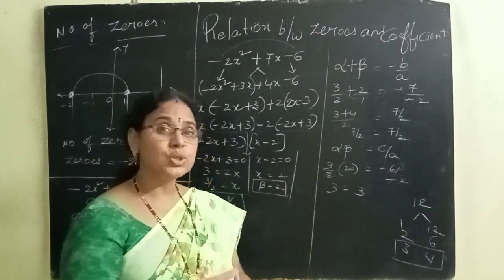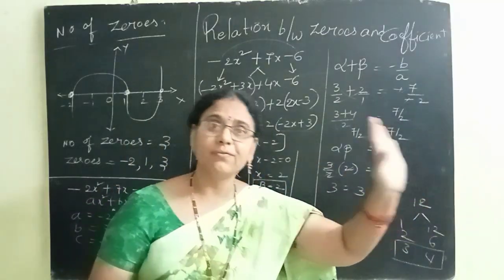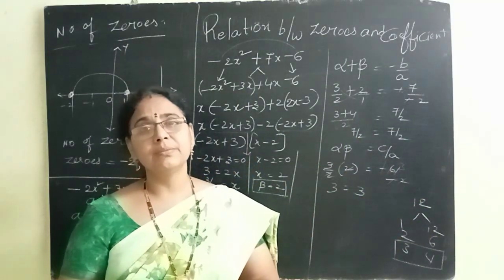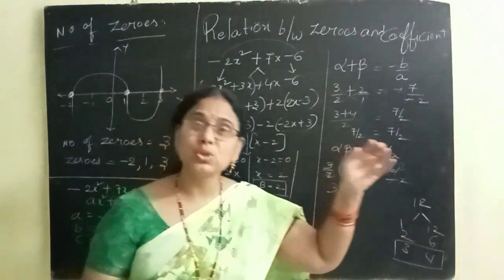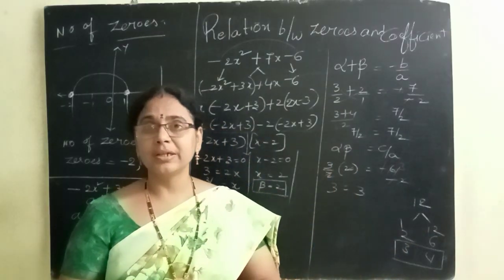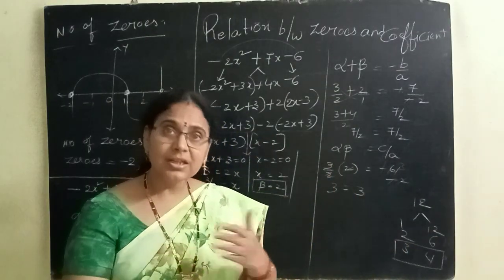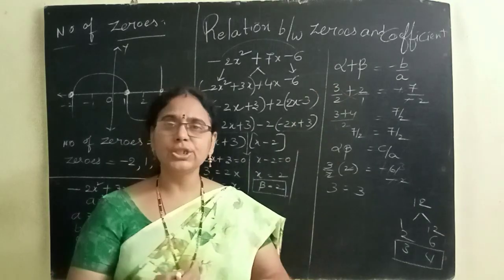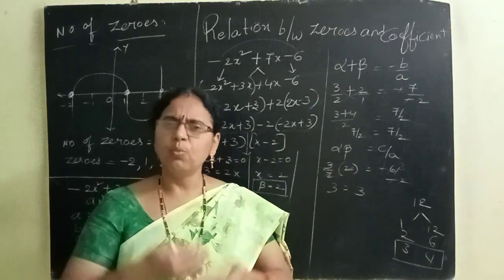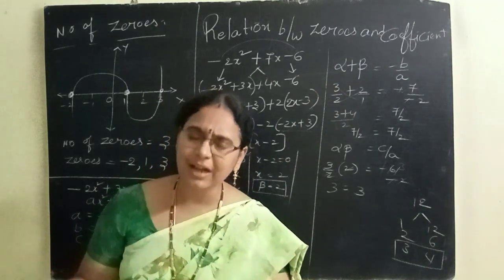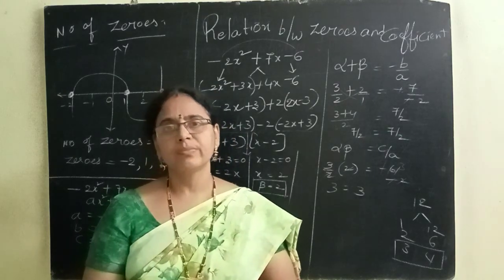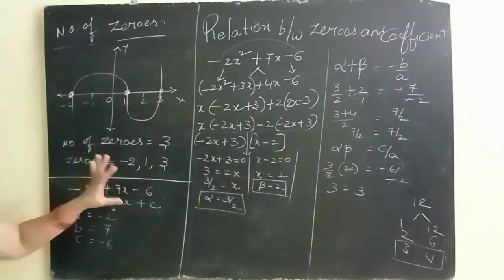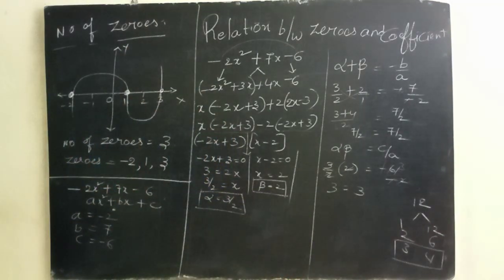But maybe the question says p comma q are zeros of the quadratic polynomial, or l and m are zeros. That means based on the question, in the place of alpha you have to take l, and in the place of beta you need to take m. Whatever the question says, we have to take that as the zeros. Clear? Both the things are very important.